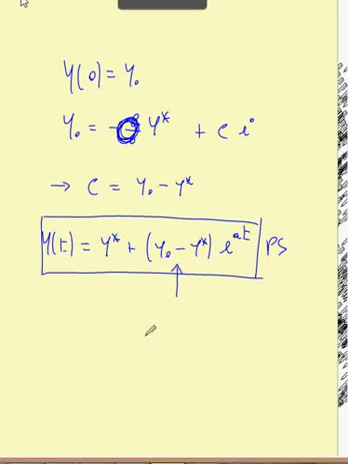So if we consider an example, if we have y dot of t equal to minus 3 y of t plus 2, what is the equilibrium solution of this differential equation, which is also called the steady state in economics?